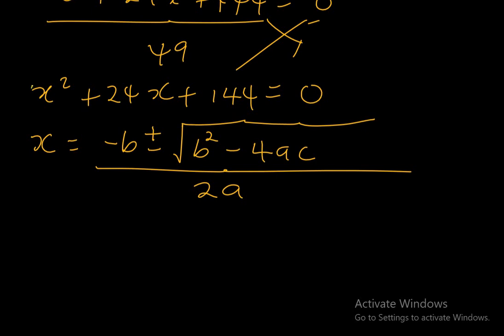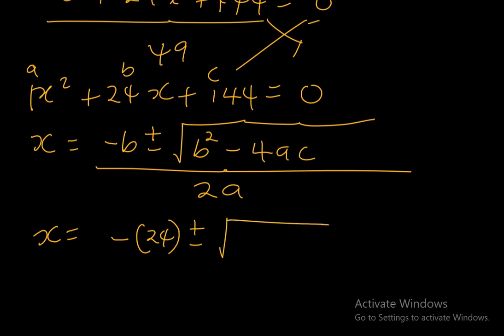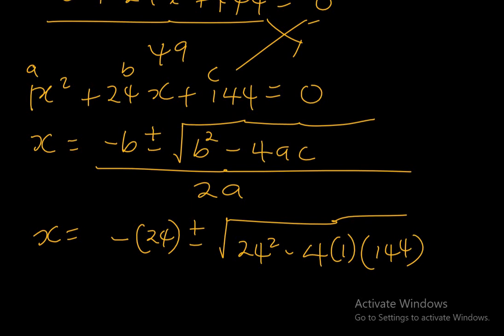The coefficient of x squared is 1. Let it be a, let it be b, let it be c. So x will give me minus b. b is 24. That's minus 24 plus or minus root b, which is 24 squared, minus 4. a is 1, don't forget, and c is 144. Divide everything by 2a, and a is 1.